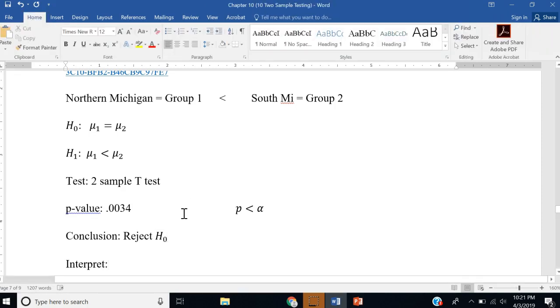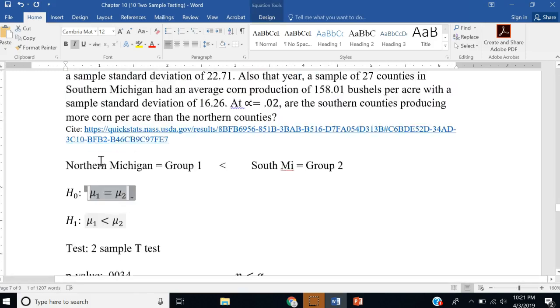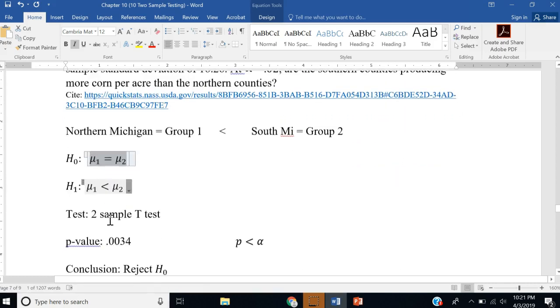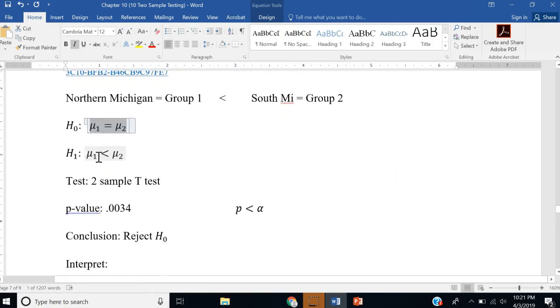Okay. So I reject H0, strike that through, pretend that doesn't work. We know H0 doesn't work. So the average bushels per acre in northern Michigan counties is less than the average bushels per acre in southern Michigan counties.